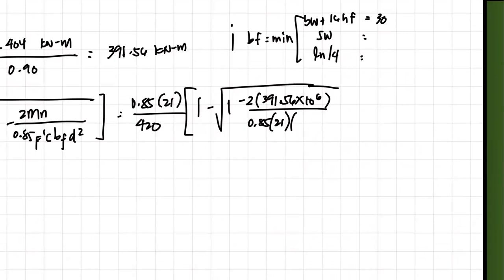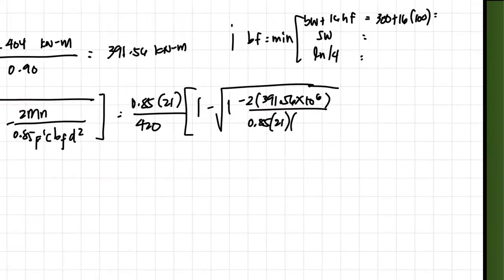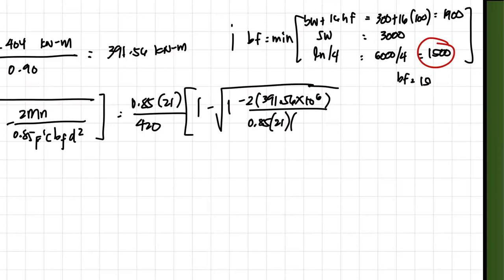So 300 plus 16 times 100 is 1,900. sw is 3,000. ln over 4 is 6,000 divided by 4, or 1,500. Okay? So whichever is minimum, therefore, bf is 1,500 mm.